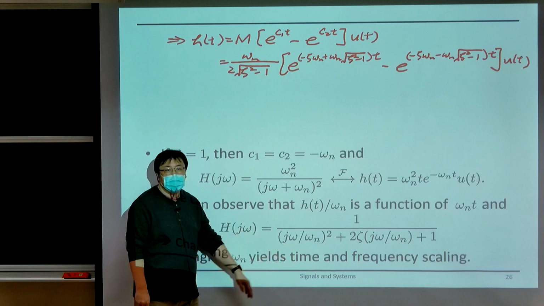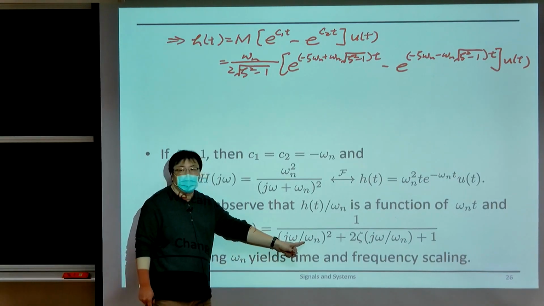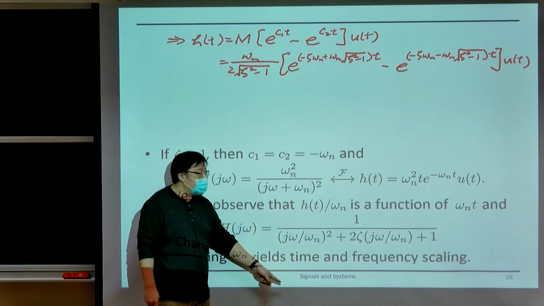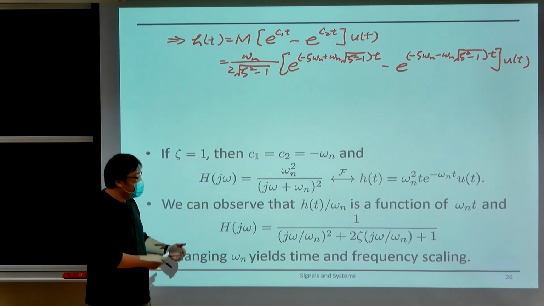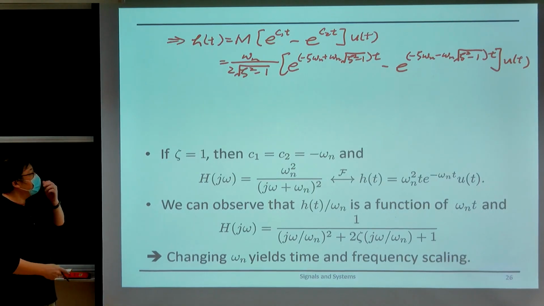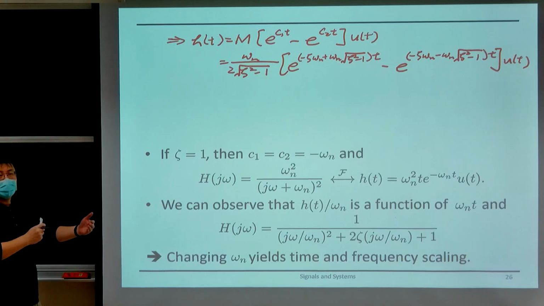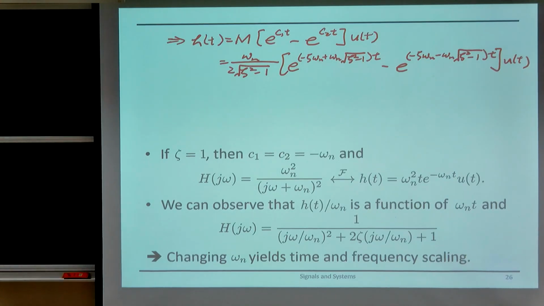Okay. Now, vice versa, if you choose a smaller value of omega n, then your frequency domain will vary faster over the frequencies, whereas the time domain will vary slower. Okay, so there's always this opposite behavior in the time and frequency scaling.